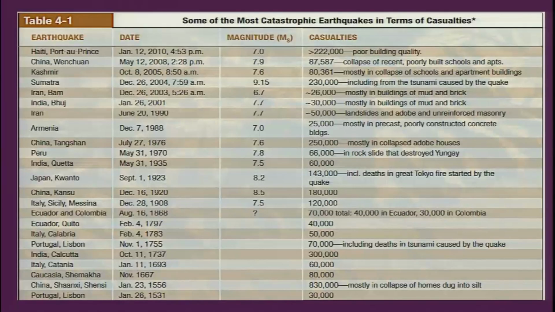Both will experience vibration, whereas in far distance areas, mostly the low frequency waves travel without attenuation and result in vibration of the taller buildings. These are some catastrophic events listed here right up to 2010, but we also had the recent earthquake, as I was talking about, in 2015 in the Himalayas.